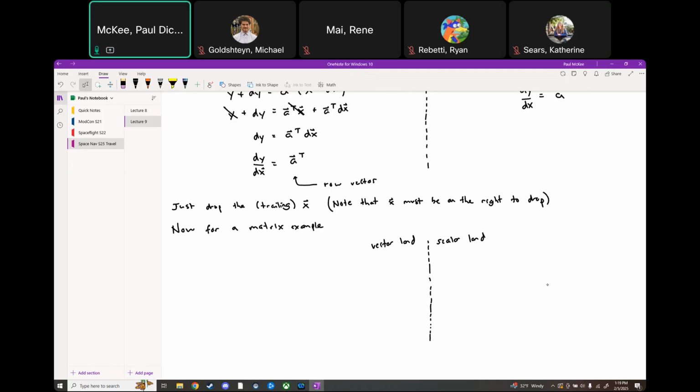So our example now, y is a vector, and it's equal to some matrix A times X. Okay. Now in scalar land, we kind of have the same example from before, right? So this would be y is equal to ax, dy dx is equal to a. So does someone want to hazard a guess what the derivative of y with respect to X is in this matrix example?